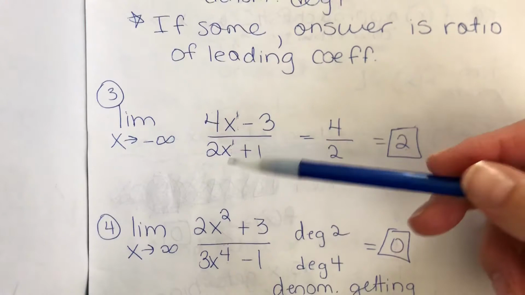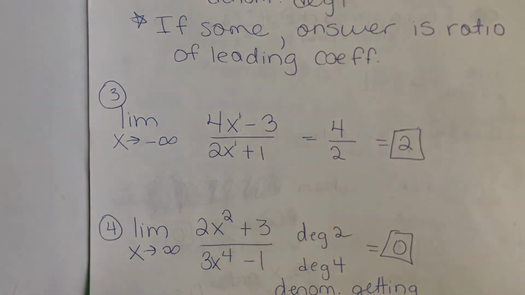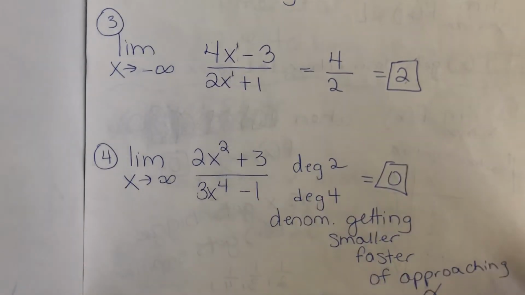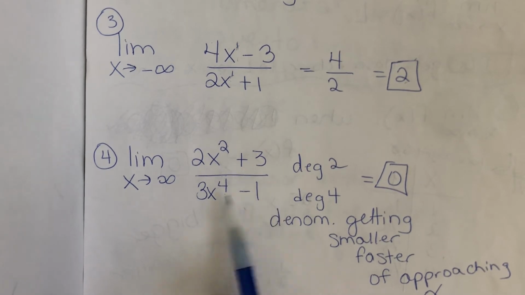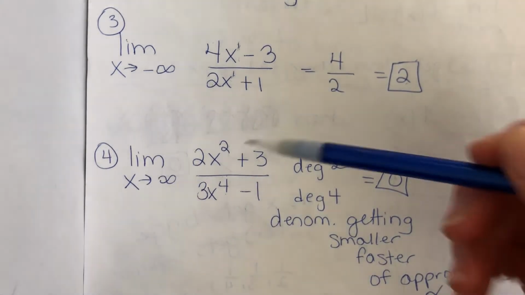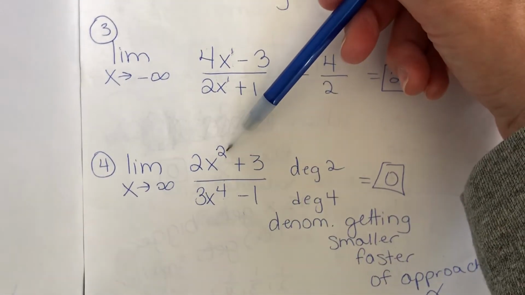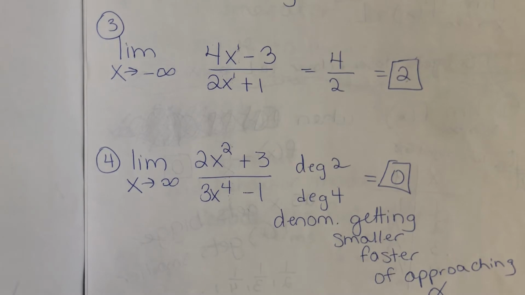So as long as the degree of the numerator is smaller than the denominator, then you're going to have that same situation as the previous slide, where it was 1/2, 1/3, 1/4, etc. The denominator is going to be getting larger faster than the numerator, okay? And so since that's happening, you will again equal 0.